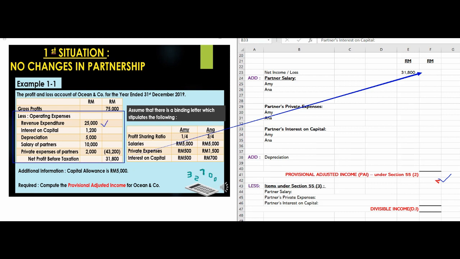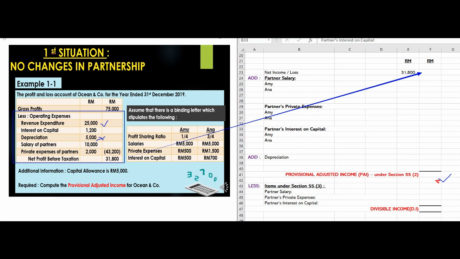Allowable: interest on capital is usually for partners, so we have to put it here for partners. Depreciation is not allowable because depreciation is for the accounting part, but in taxation we are going to give them capital allowance. And there is some information regarding the private expenses of partners, so we are going to put it in here.